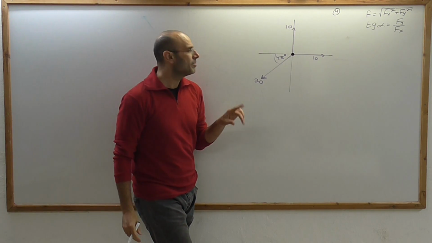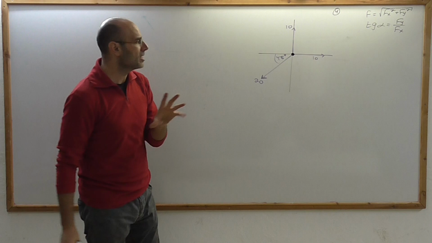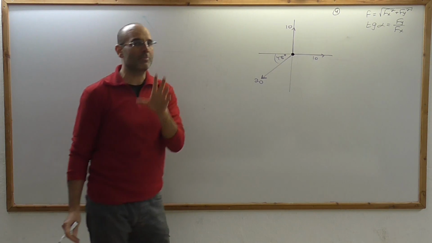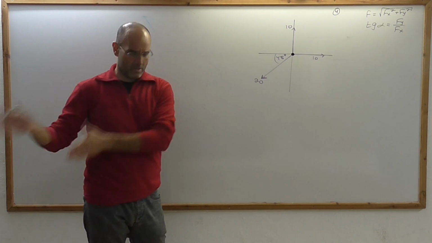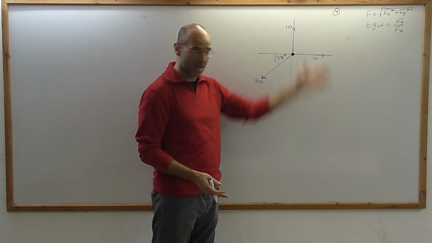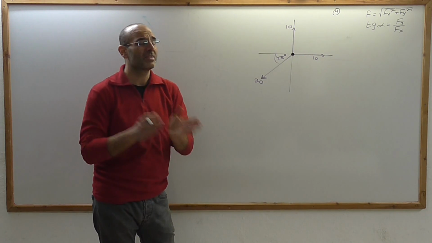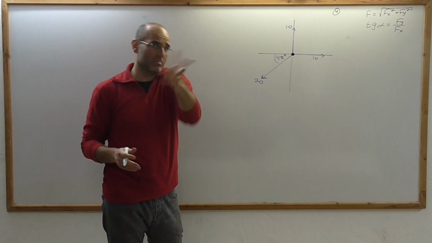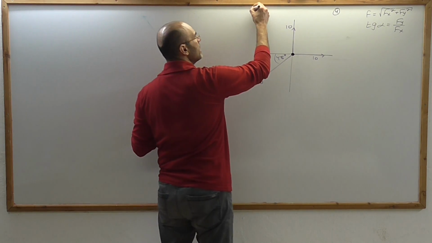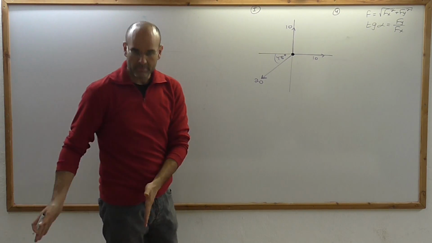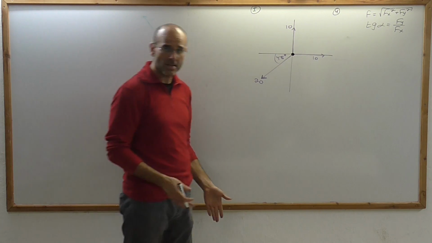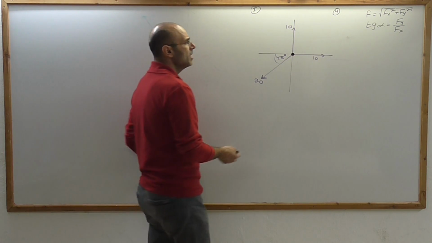Now this problem is a symmetrical problem. So if it's a symmetrical problem, I can always use the way I showed you up until now, or I can use a different way. Let's do both ways. First way, like we did the other exercises, just for the practice.